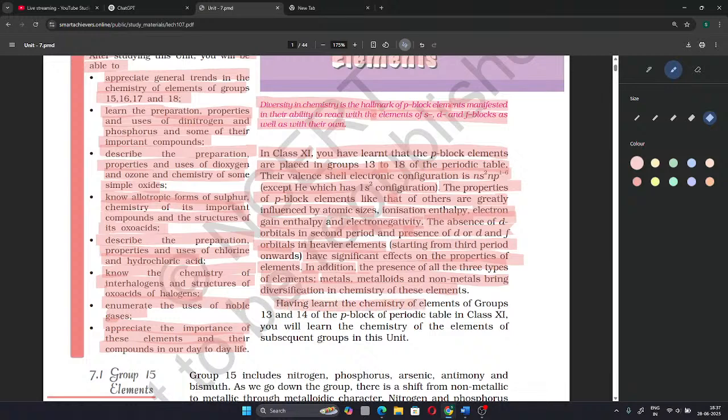Having learned the chemistry of elements of groups 13 and 14 of the p block in class 11, you will learn the chemistry of the elements of subsequent groups in this unit, which are the 15th, 16th, 17th and 18th.